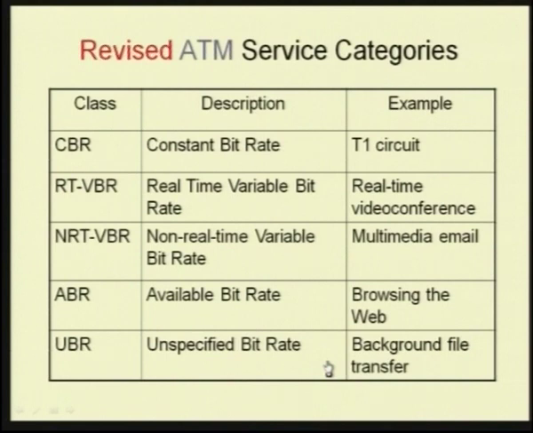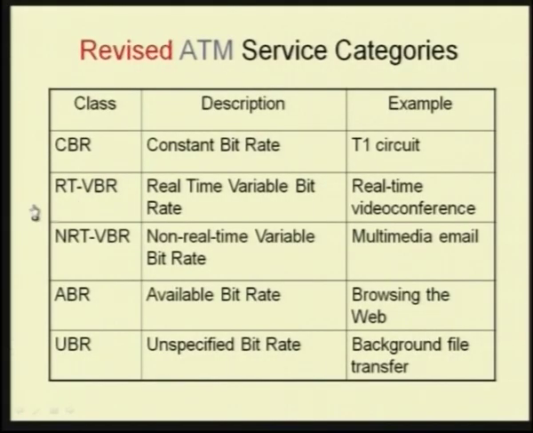This is for some background file transfer and so on, where nothing has been specified. So, whatever unused capacity is there could be used by these kind of applications. So, today when we talk of ATM service categories, these are the categories that we try to provide for. CBR, which is constant bit rate, RT VBR, which is real time variable bit rate, NRT VBR, non real time variable bit rate, ABR, available bit rate, and UBR, which is unspecified bit rate.